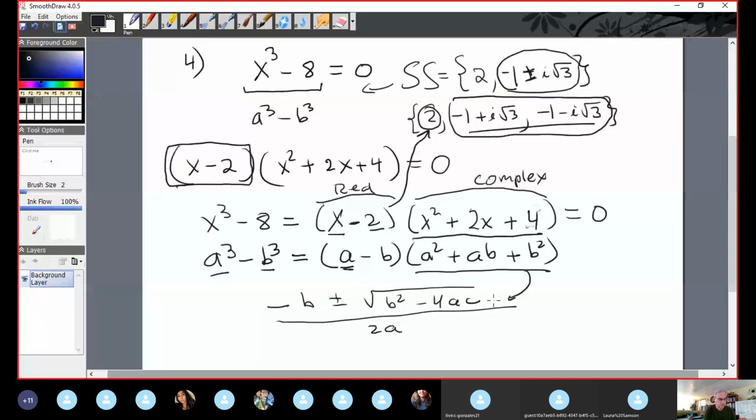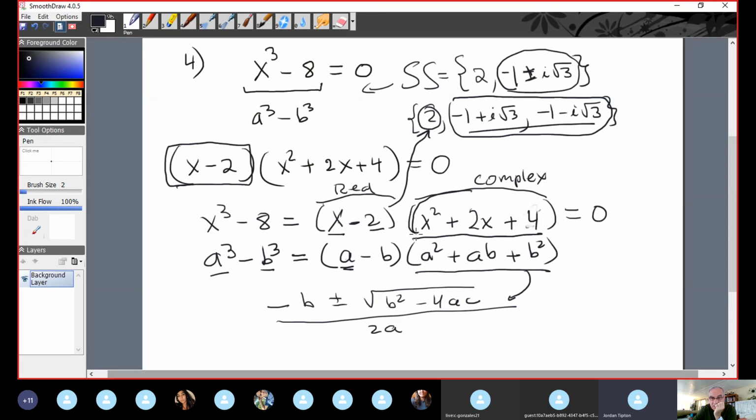Okay, let's go directly to number 5. Can I erase the board or no? Professor, I have a question. How did you get the second part of that equation, x squared plus 2x plus 4? How did you derive that from x cubed?